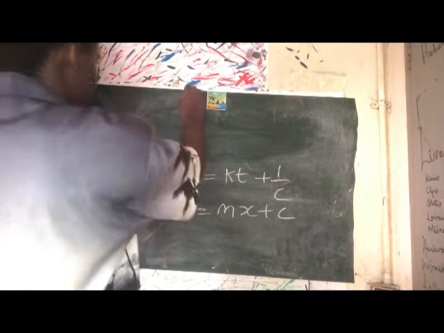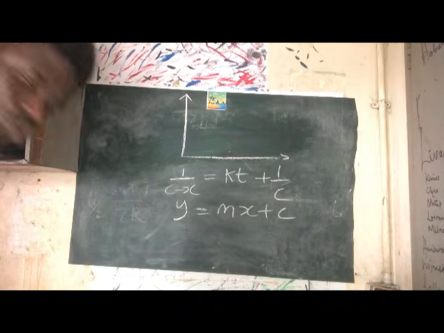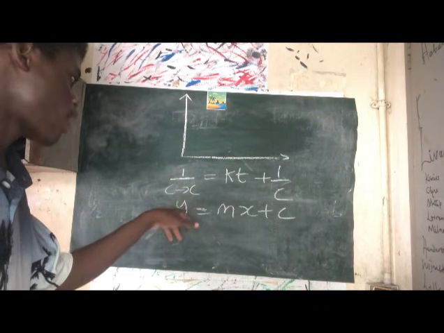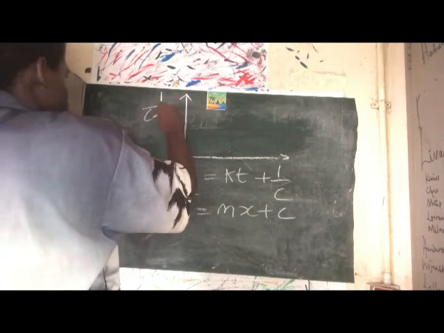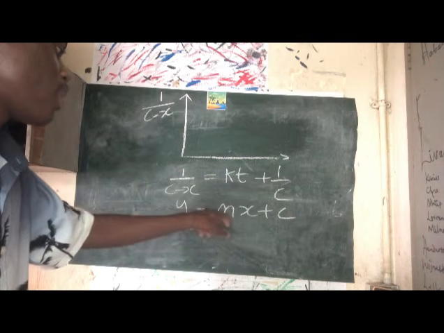Now to draw the graph, y is 1 over c minus x. So our y-axis will be 1 over c minus x. Our x-axis will be time.